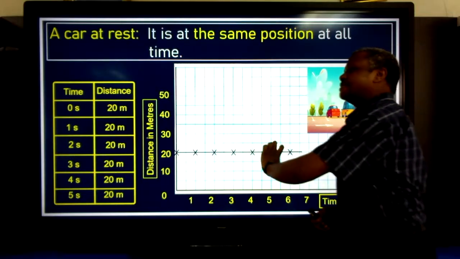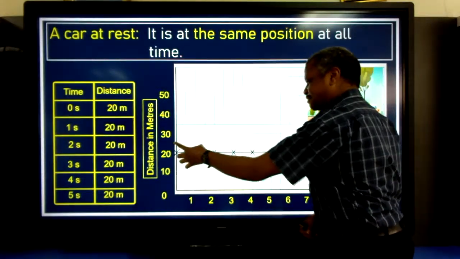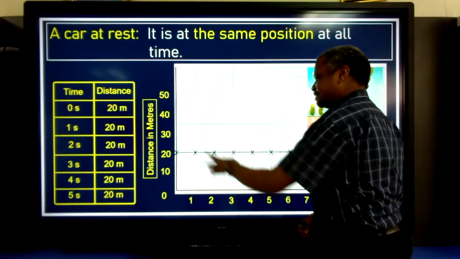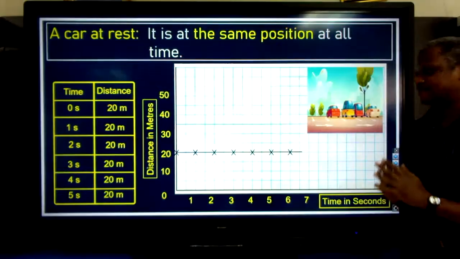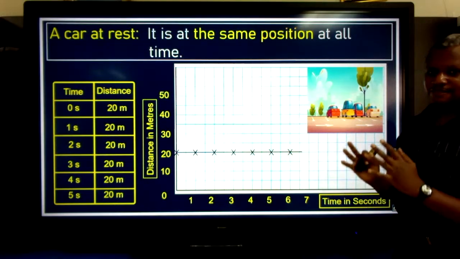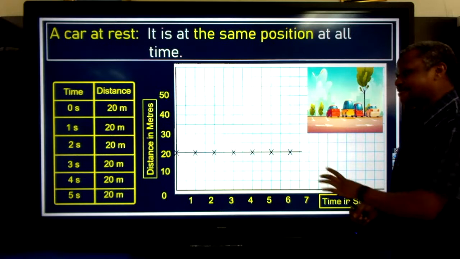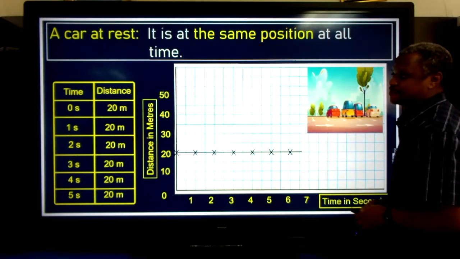So if you see a straight line in a distance-time graph, it simply means a stationary object. The object is not moving. It is at rest.